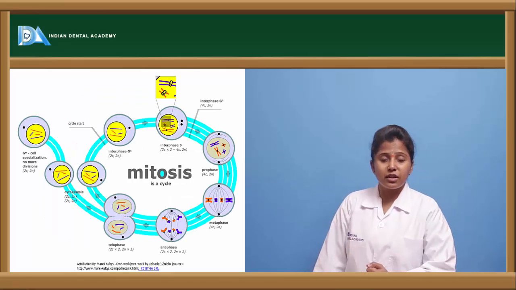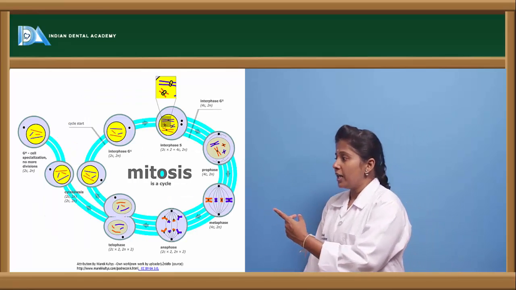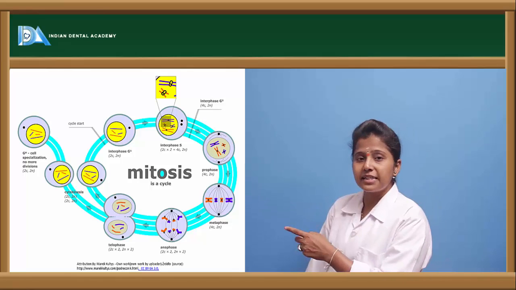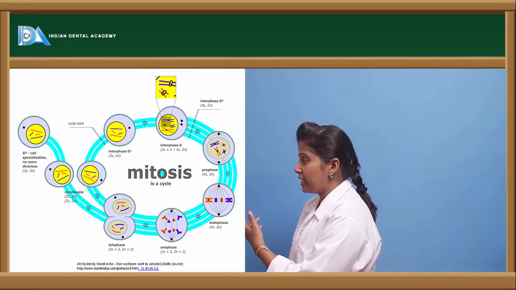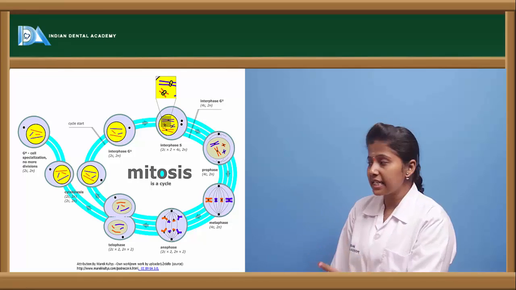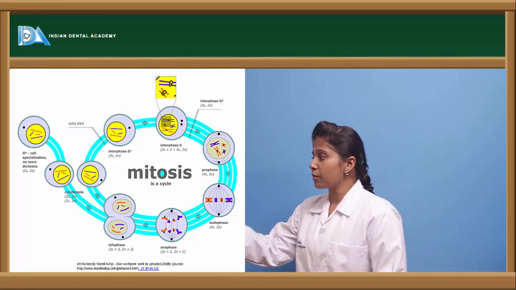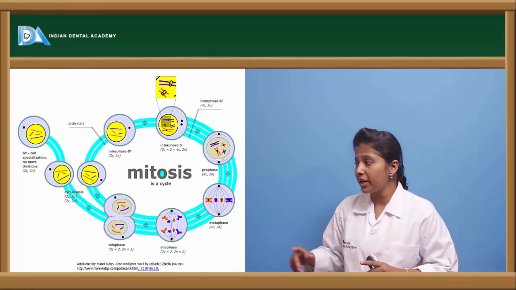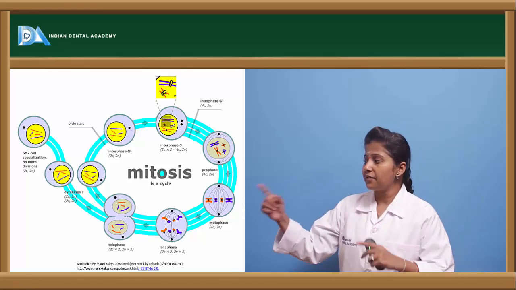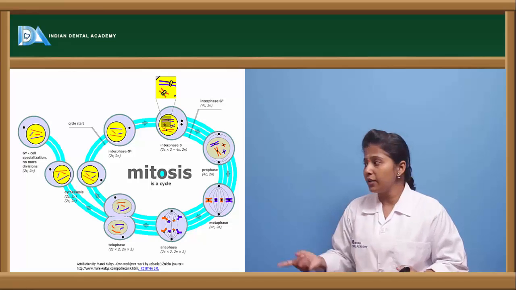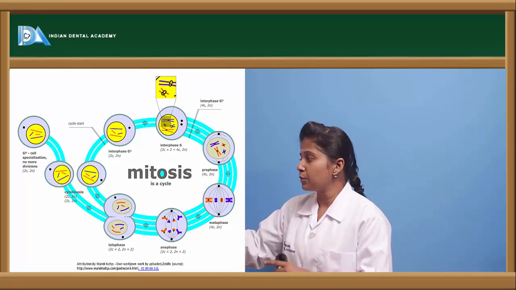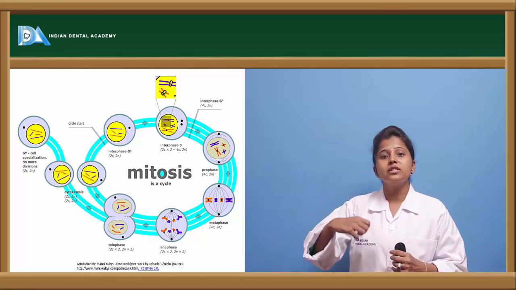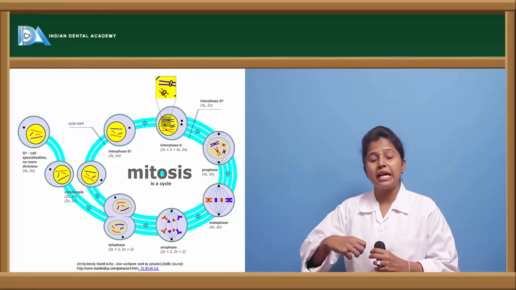Here we can see the pictorial representation of mitosis. There is the G1 phase, which is interphase, then the S phase where the DNA is synthesized, and the mitosis phase. In prophase the spindle fibers begin forming, and in metaphase the spindle fibers are fully formed. In anaphase the division of the DNA takes place with the help of the spindle fibers.